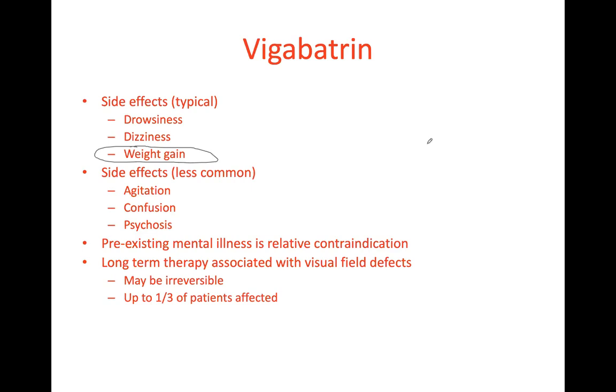It is less common, but because of these effects, it is contraindicated if there's pre-existing mental illness. That's a big issue because it would be difficult to tell if this was allowing the pre-existing mental illness to come forward, or if this was a side effect, or if it's a combination of the two.